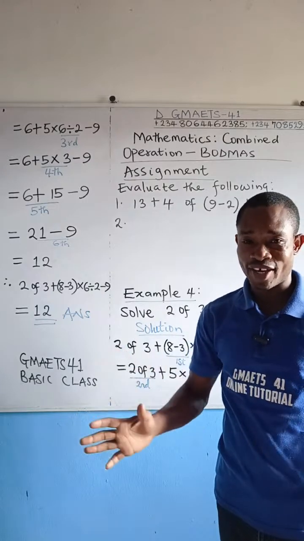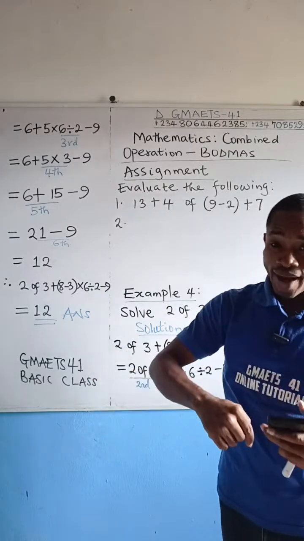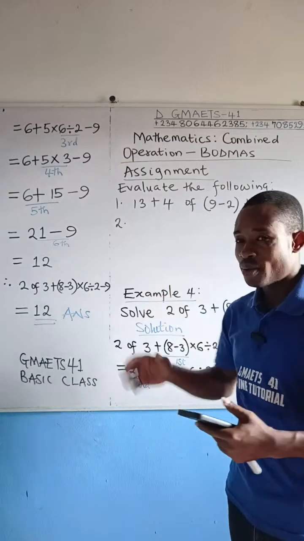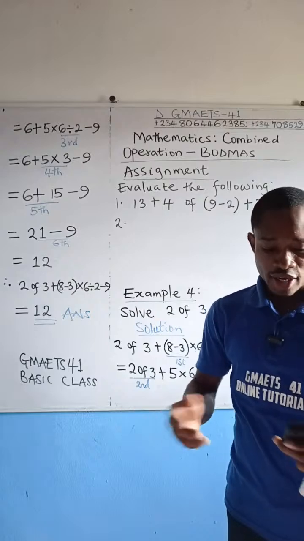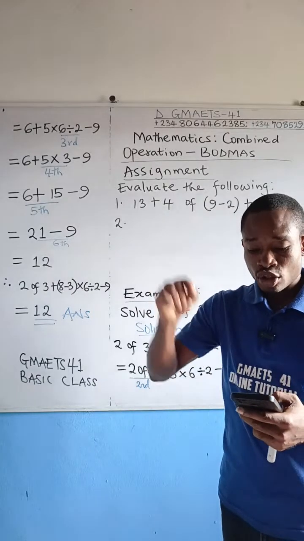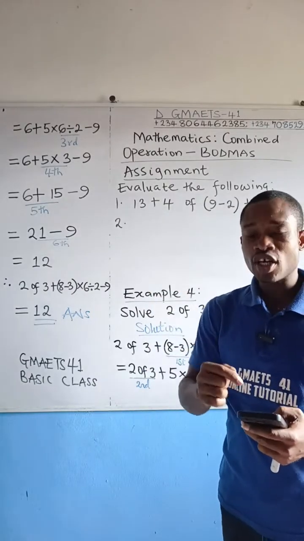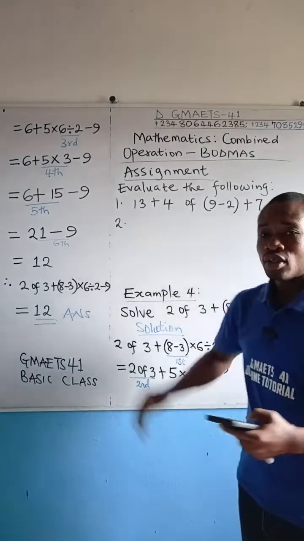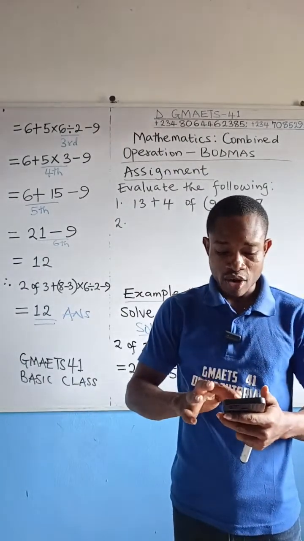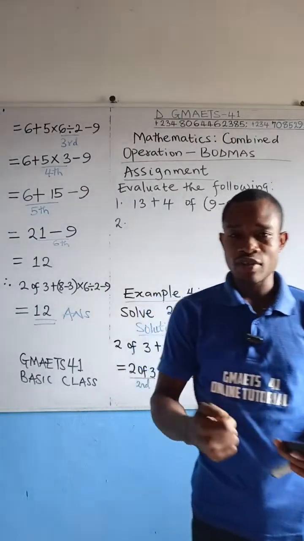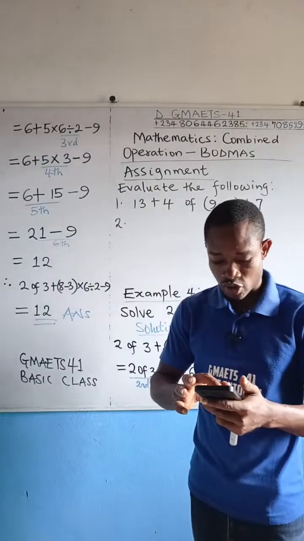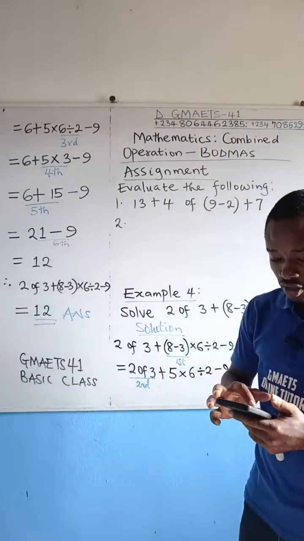So I advise you come back maybe 30 minutes later or much later in the day, and drop the answer to this question. You can also show the solving in the comment box.